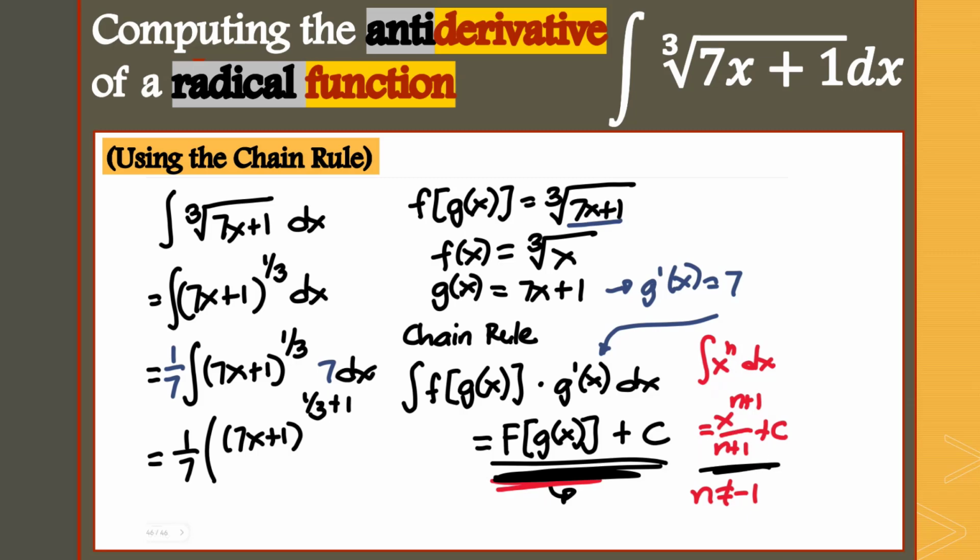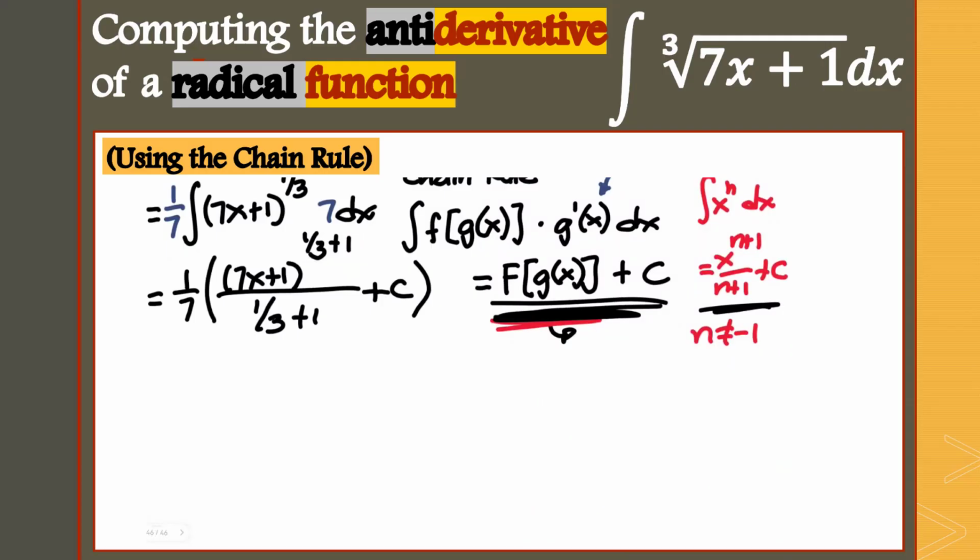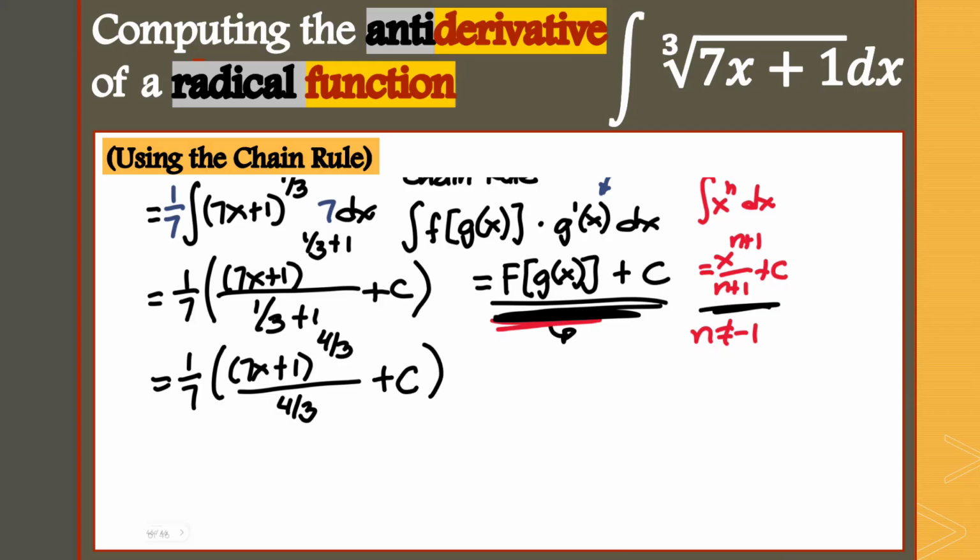So you will have here 1/3 plus 1, then plus c. Before we try to simplify that, let's come up with a simplified form for the exponent. 7x plus 1, that's 1/3 plus 1, which is actually 4/3, over 4/3, plus c.